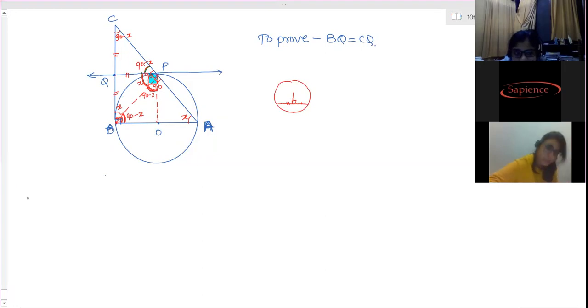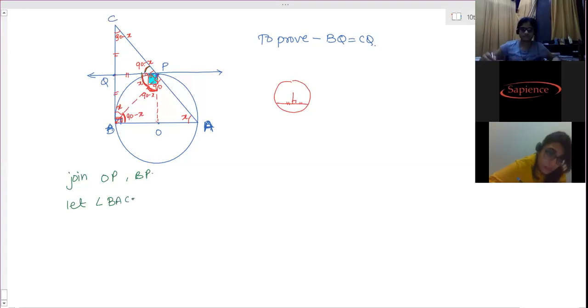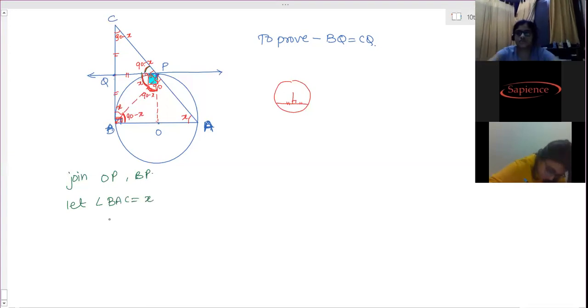Okay, so write down. Join OP, BP. Let angle BAC be equal to x. Now BAC is equal to x. Angle OPQ is equal to 90.